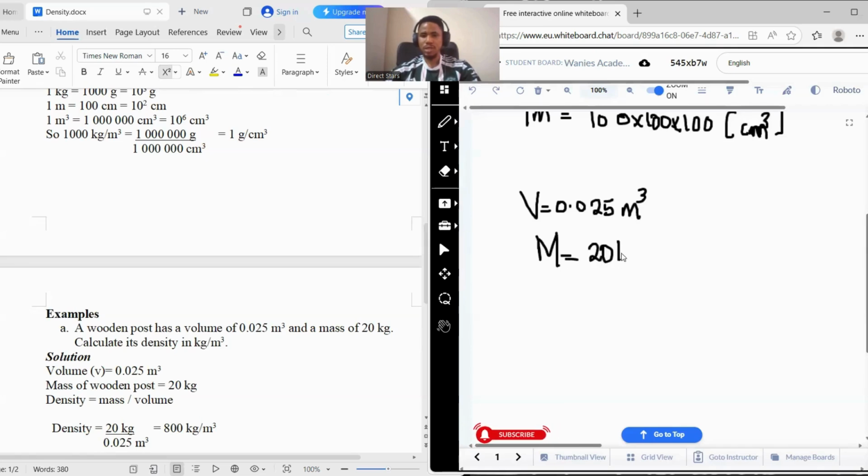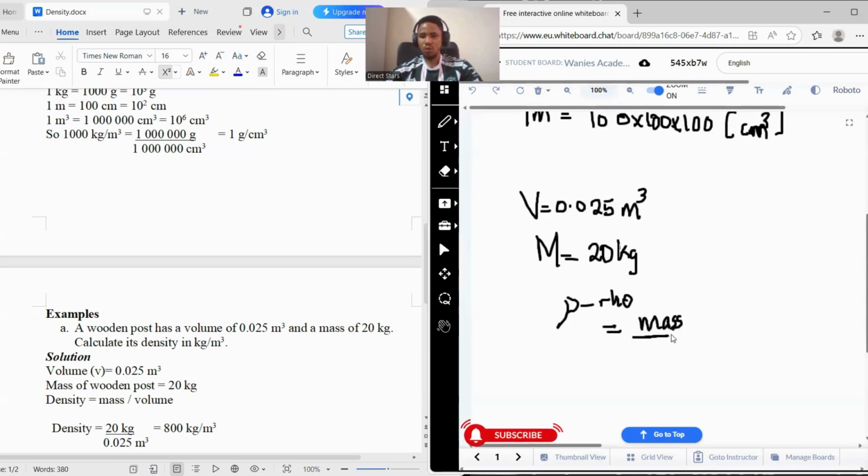Remember, density is mass per unit volume. This is how to represent density. You can also write it as capital D, but here we have the standard symbol, which is rho, R-H-O. That is the symbol of density, equals mass over volume.